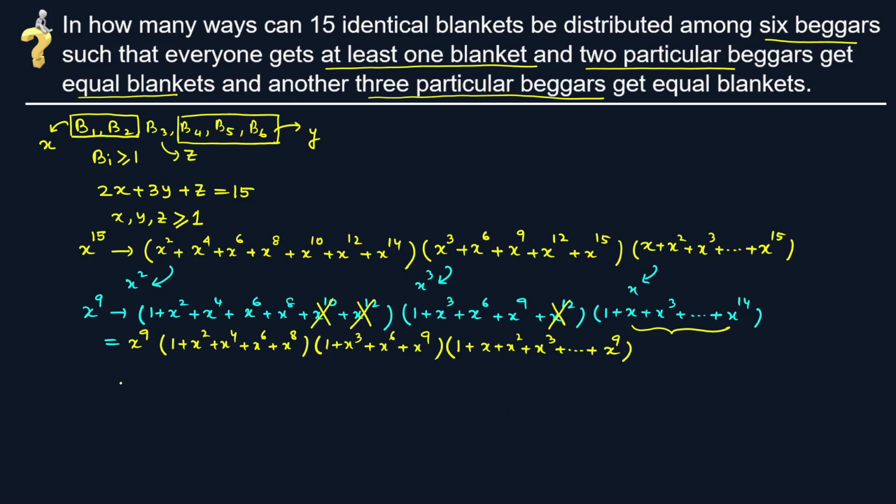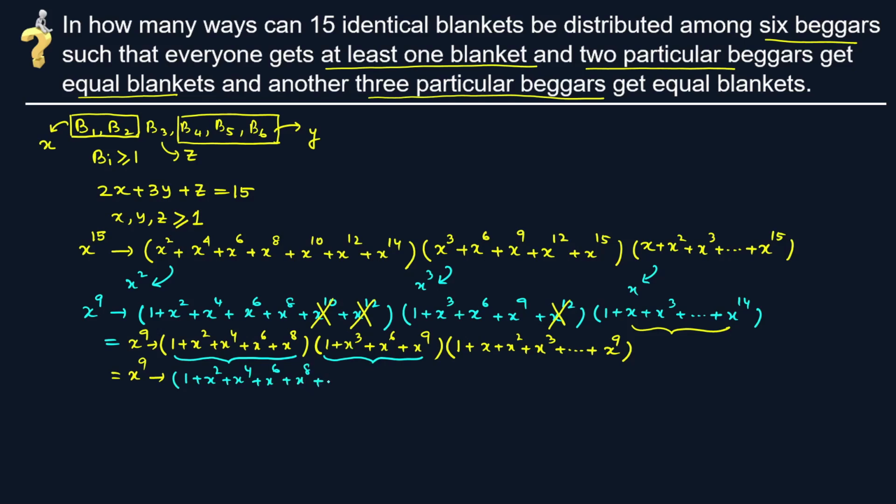So now, the coefficient of x to the power 9. If I multiply this with this, what are we going to have? 1 plus x squared plus x to the power 4 plus x to the power 6 plus x to the power 8.